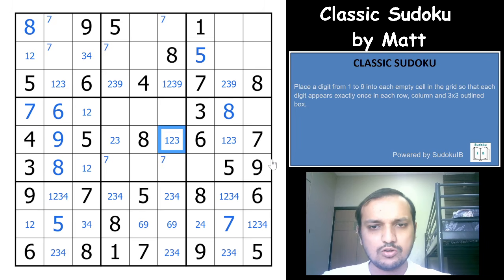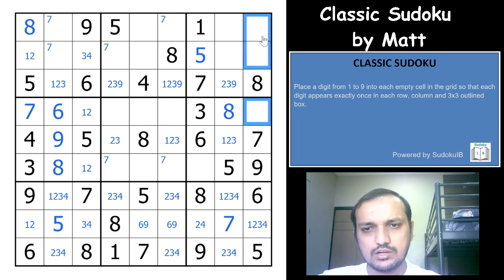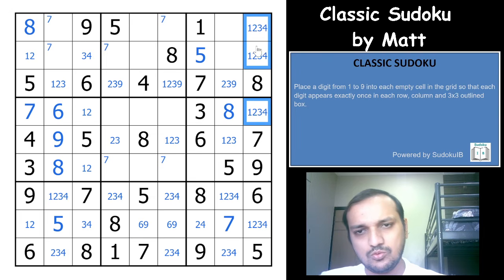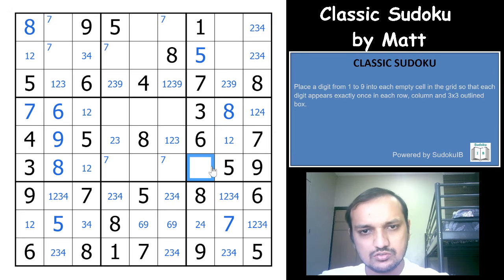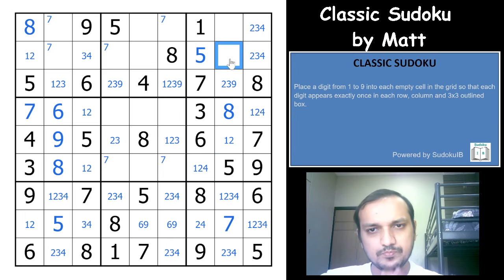Seeing the layout of the grid, I actually found that I knew what logic would be used. So I just directly went for finding those logics and I actually got it. So this is 1, 2 and a 4.